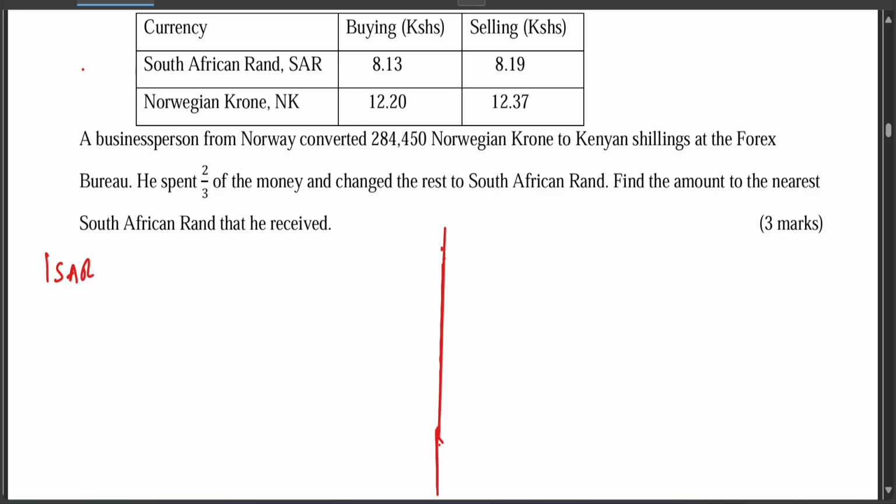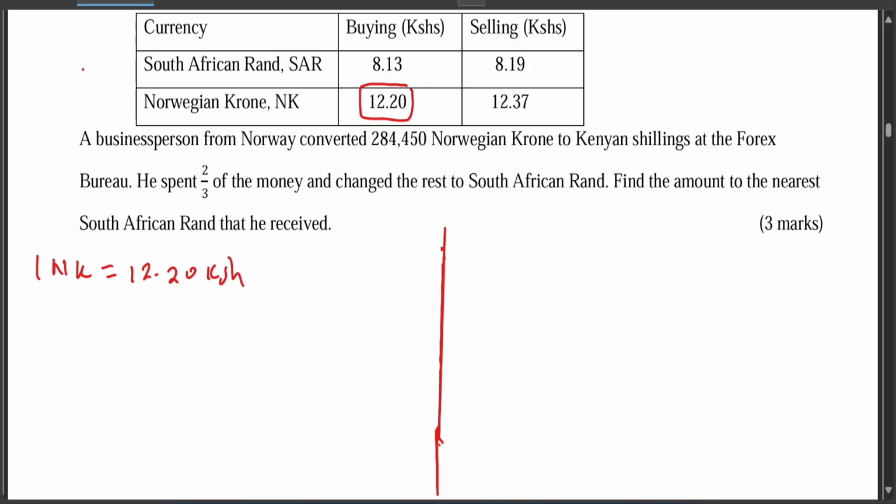Since he's converted the Norwegian krone to Kenyan shillings, it means that when he goes to the forex, the forex bureau usually buys from him. Because the forex doesn't have that currency, they buy the currency from him. As a result, they usually buy it at a cheaper price. So for one NK, you have 12.20.